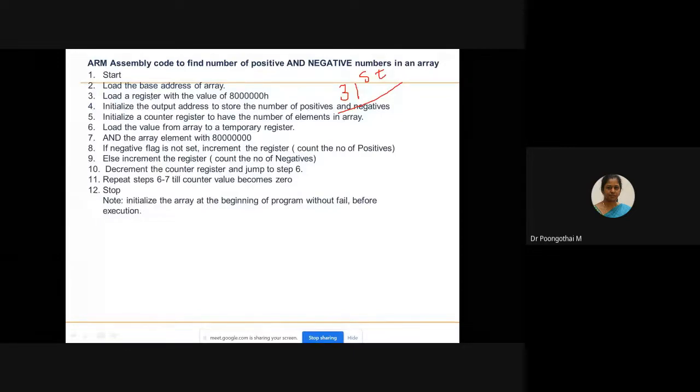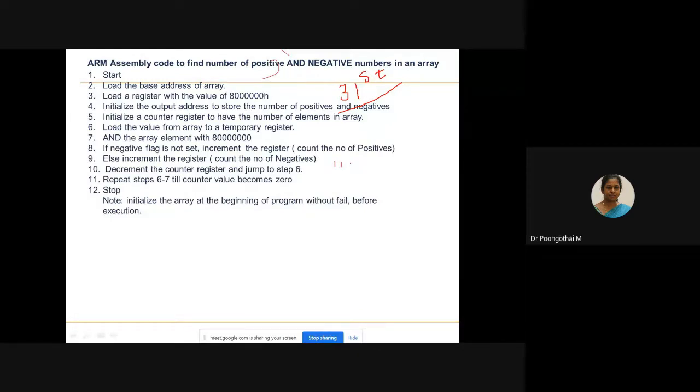For example, the number is 1 1 2 2 3 3 4. So is this number positive or negative?